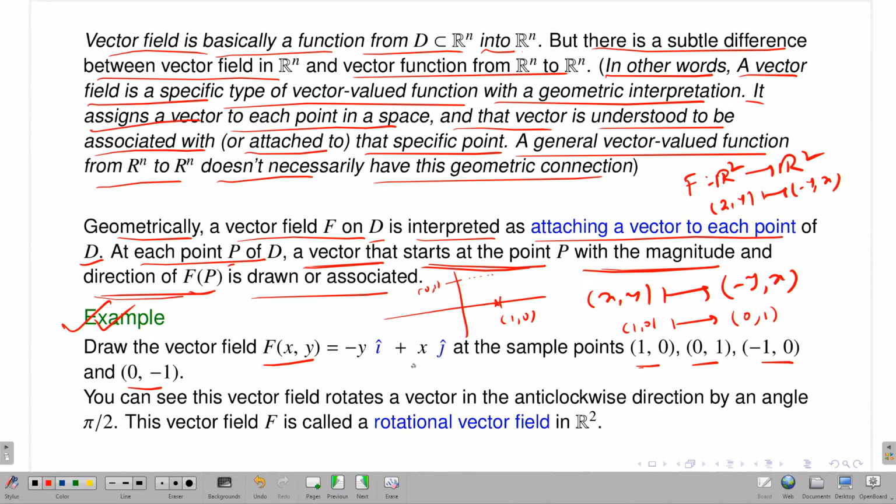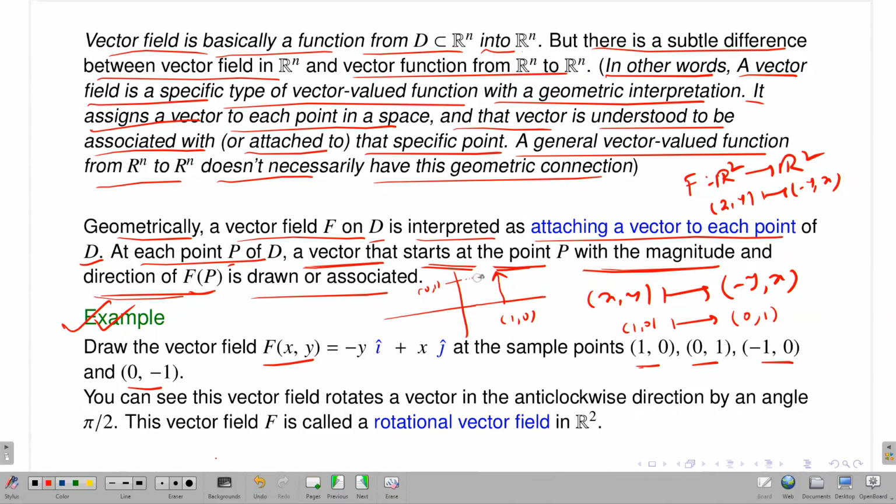Here y is 0, so minus y is 0 and x is 1. That means at the point 1 0 I am associating this vector. So this is my point 1 0, and this is the vector I am associating.